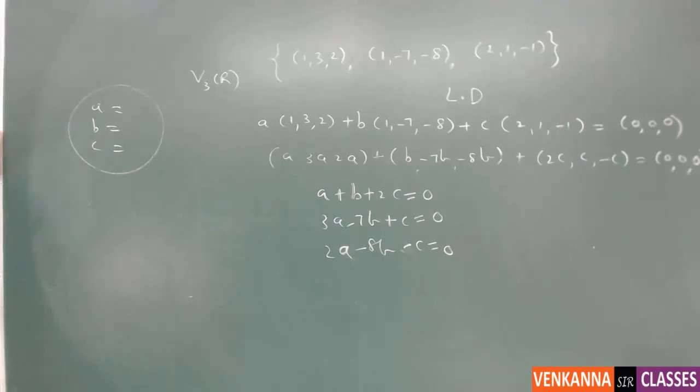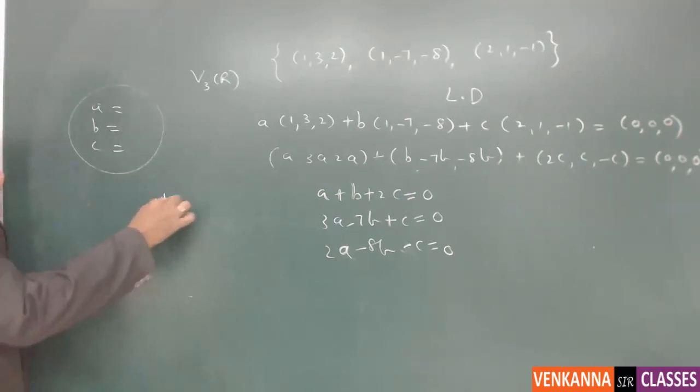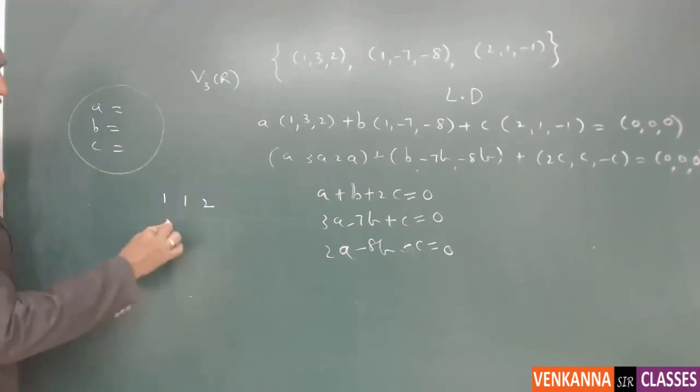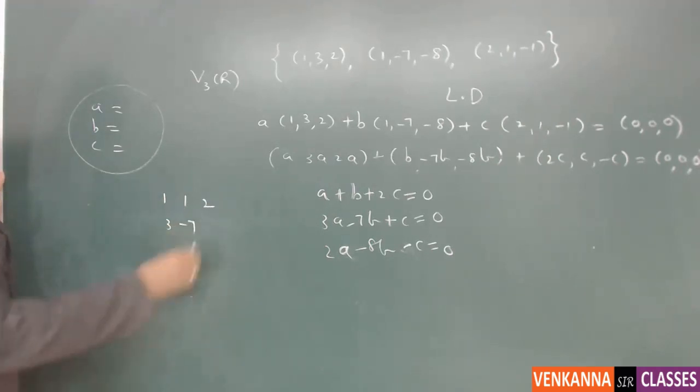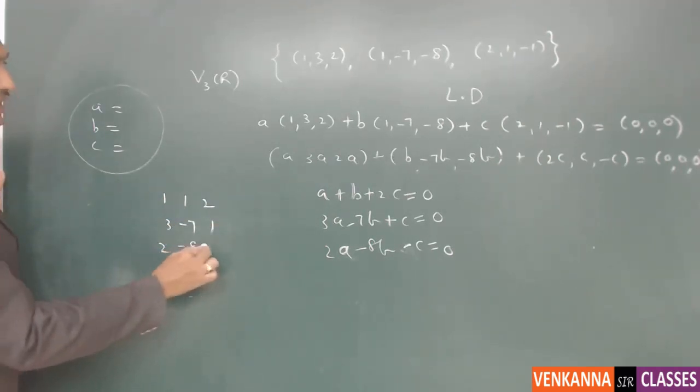So let us write the coefficient matrix here. 1, 1, 2, 3, minus 7, 1, 2, minus 8, minus 1.